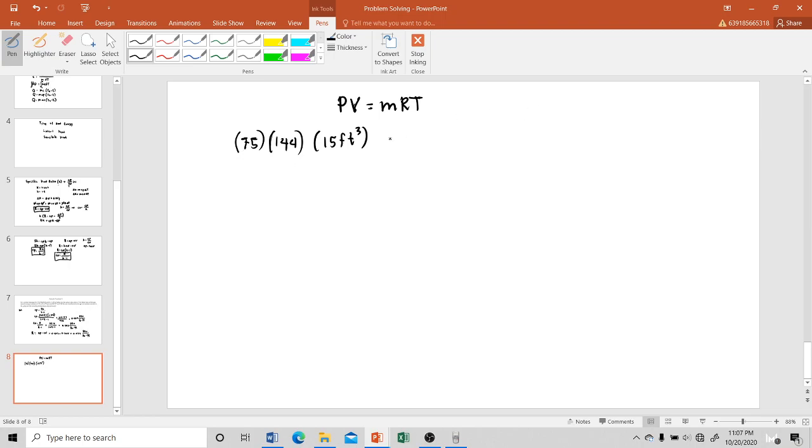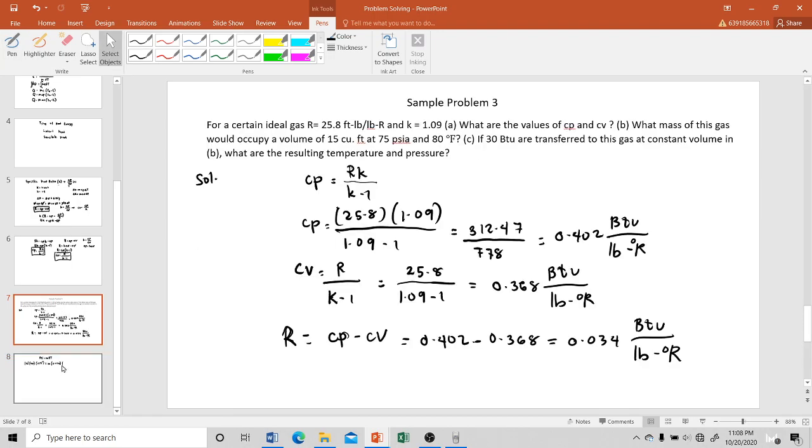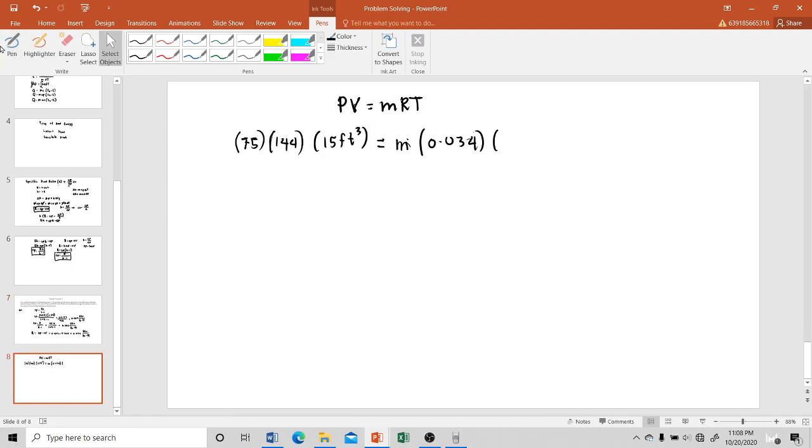is equal to the mass, which we are looking for, and then the gas constant, which is 0.034. For the absolute temperature, we have 80 degrees Fahrenheit, so we add 460 to convert it to Rankine.